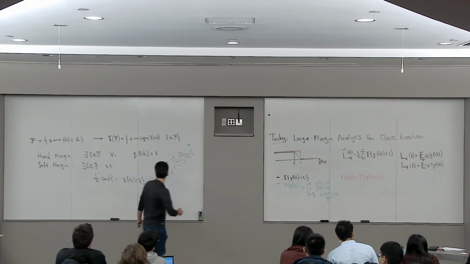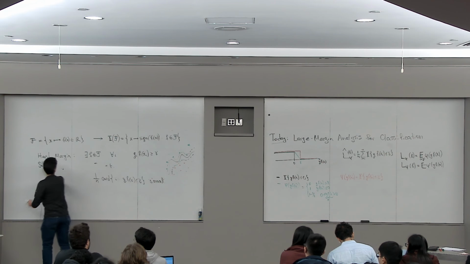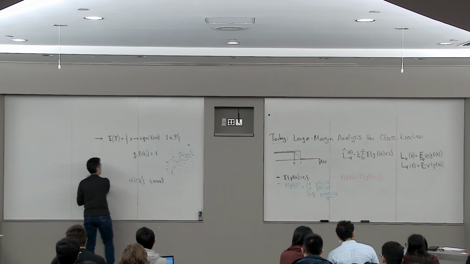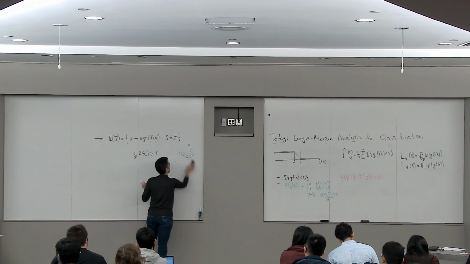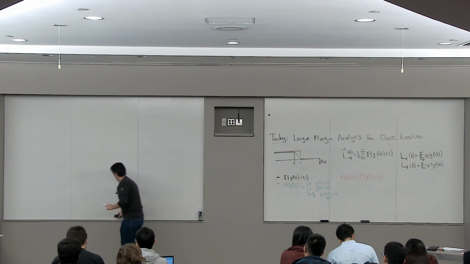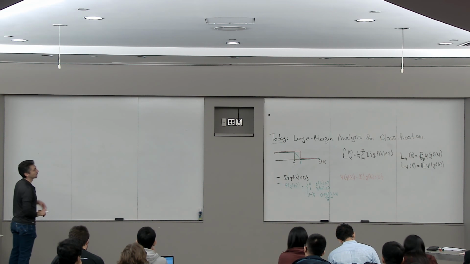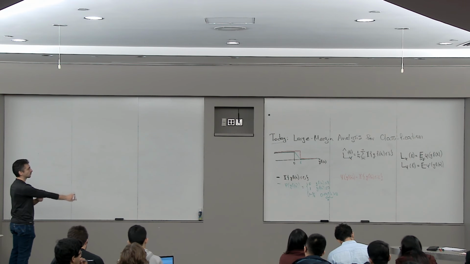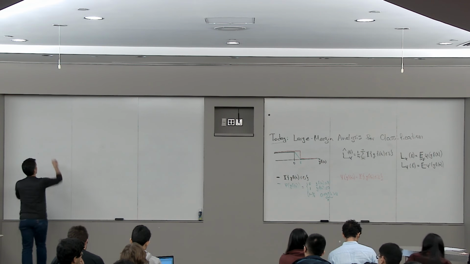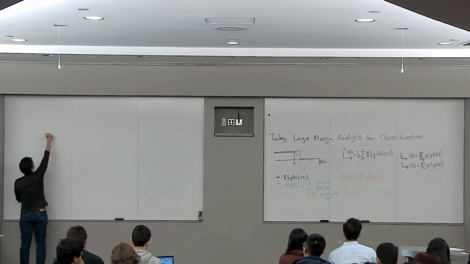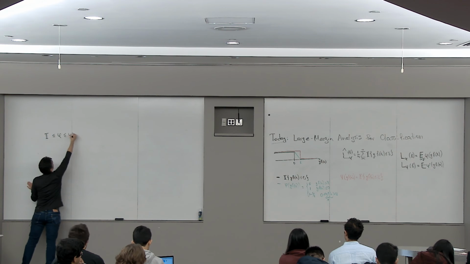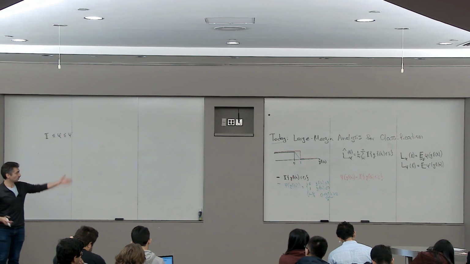So the nice thing about these three functions is that they dominate each other in an obvious way. They dominate each other in the sense that the indicator is less than phi is less than psi, right? Point-wise, and you can see it from the picture.